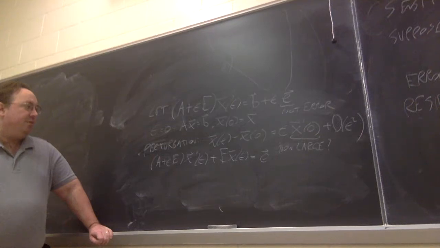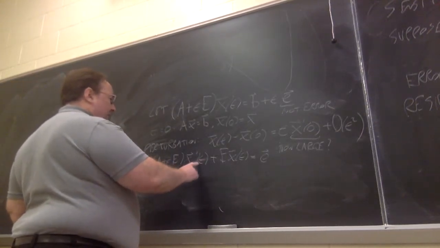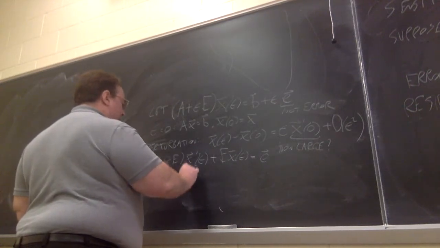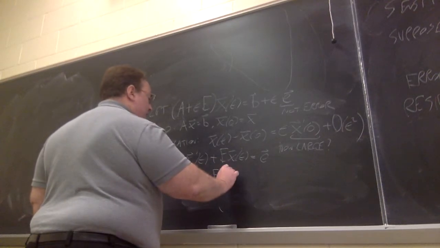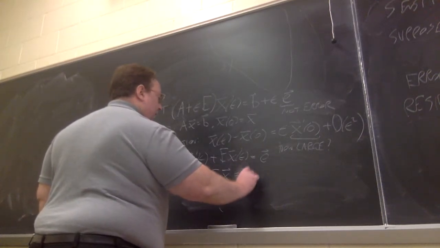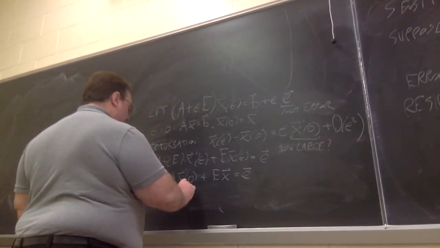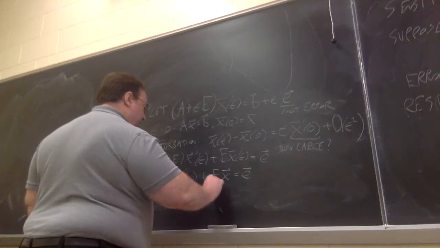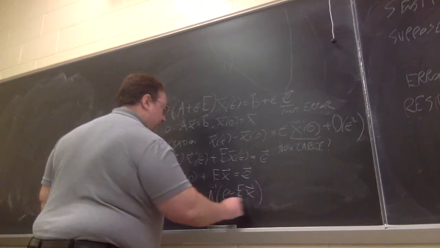So then what I could do is solve. Well, actually, I can let epsilon equal 0 now. So A x prime of 0 plus Ex is equal to e. So now I can solve for x prime. That's equal to A inverse times little e minus big E times x.